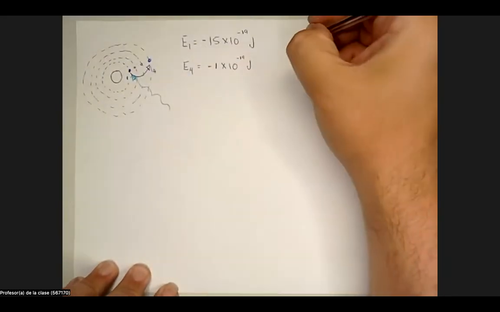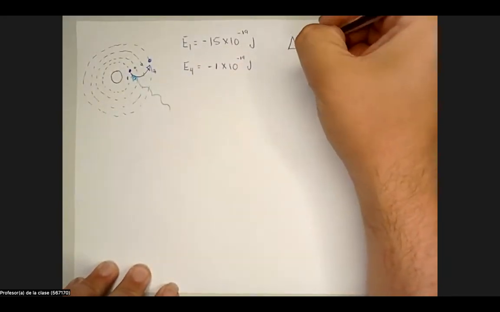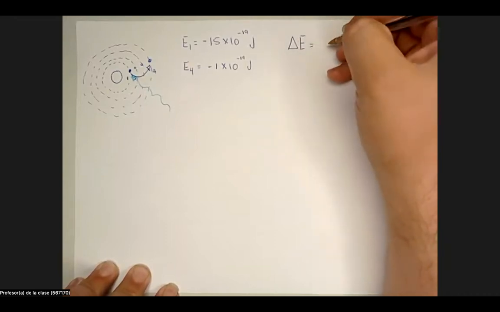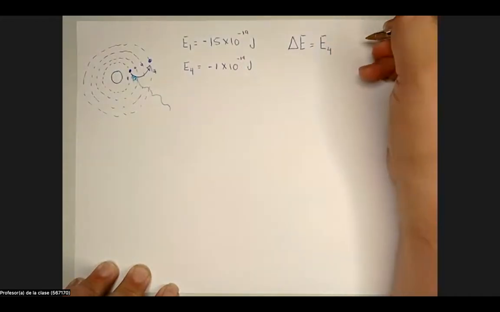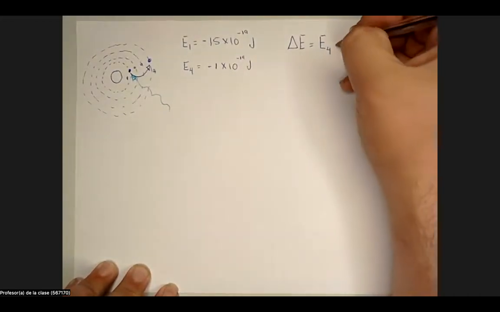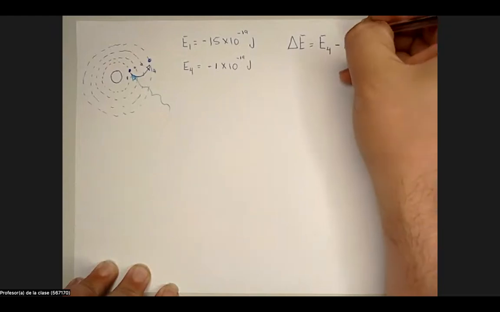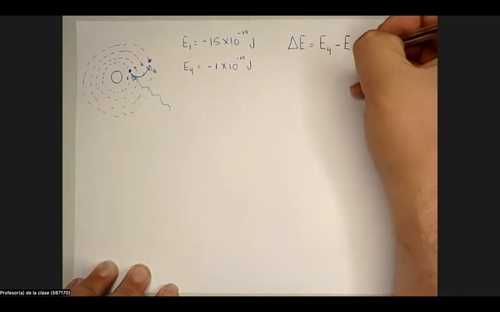Okay, so the difference in energy will be the final energy, that will be the energy on level number 4, minus the energy on level number 1.